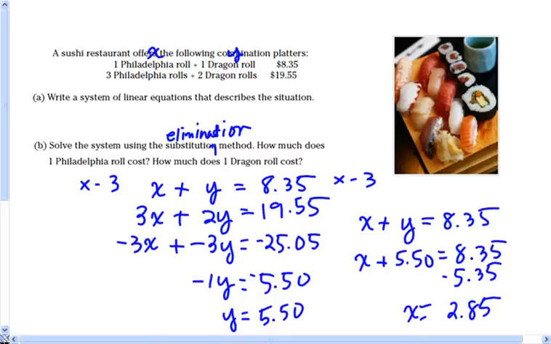So we now know that the price of one Philadelphia roll is $2.85, and the price of one dragon roll is $5.50. All right, that's the idea there.